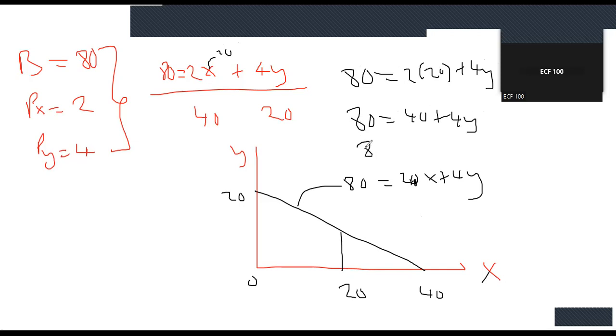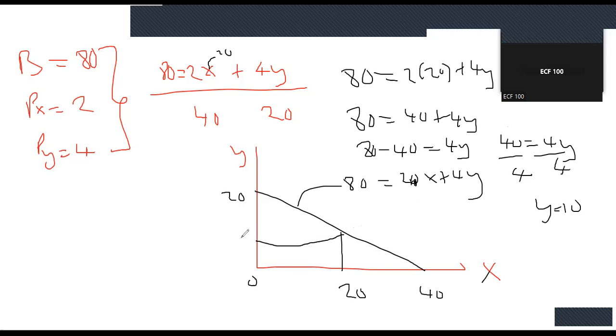When this one goes to the other side, it will subtract. So on this side we're going to have 80 minus 40, which is 40, and here we have 4Y. Both sides divide by 4, so Y will be 10. So to consume 20 units of X, we're going to consume 10 units of Y. Any movement along this curve is called the marginal rate of substitution if we're going to forgo one for the other.